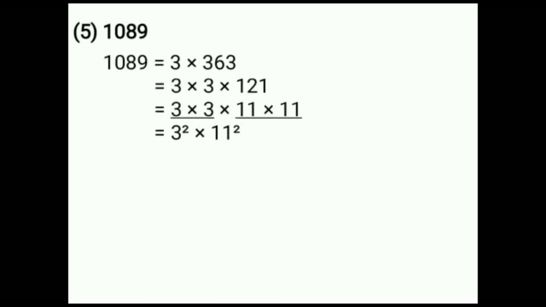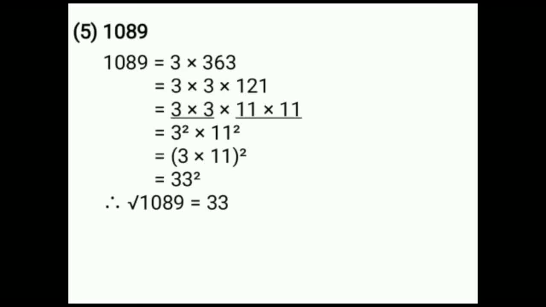That is equal to 3 square into 11 square is equal to, in bracket, 3 into 11 the whole square. In bracket what is there, multiply it. 11 3s are 33. That is equal to 33 square. Therefore, square root of 1089 is equal to 33.